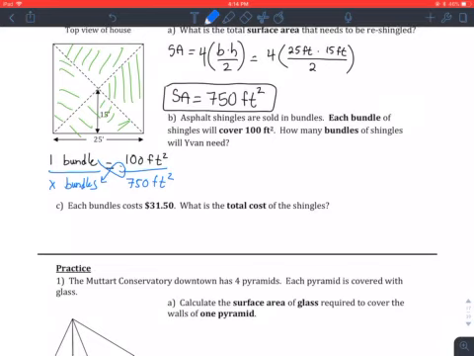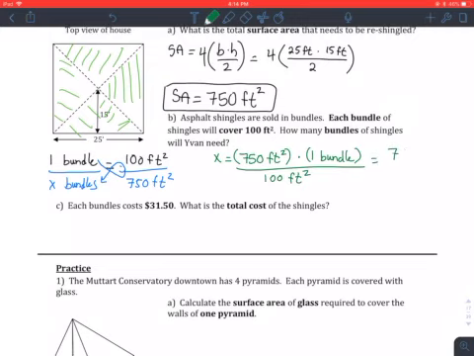Now if we were to do all of that, we're going to solve for X. So X is going to be equal to 750 feet squared multiplied by one bundle, and we're going to divide that number by 100 feet squared.